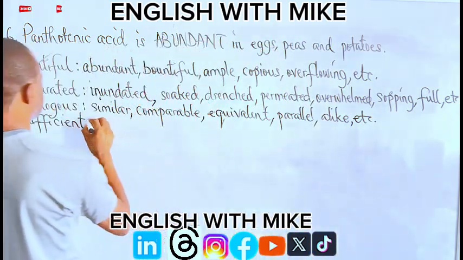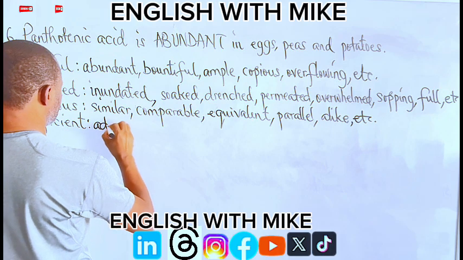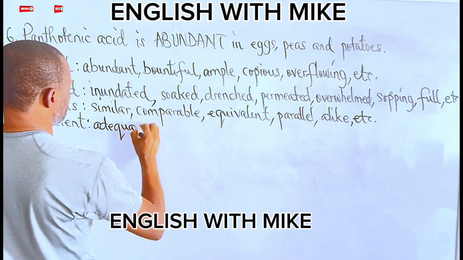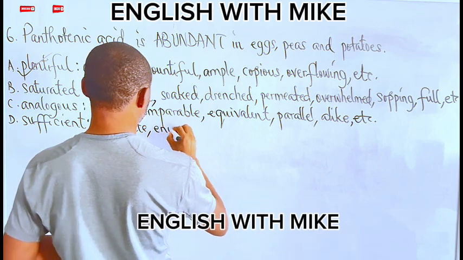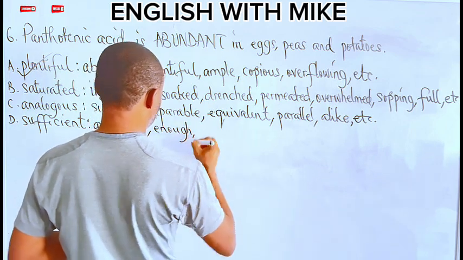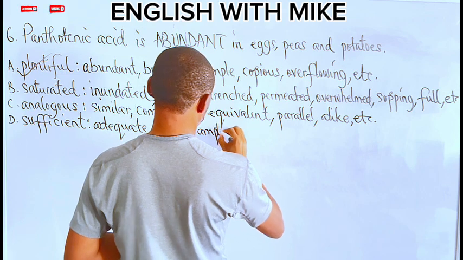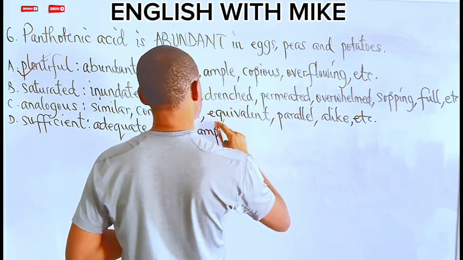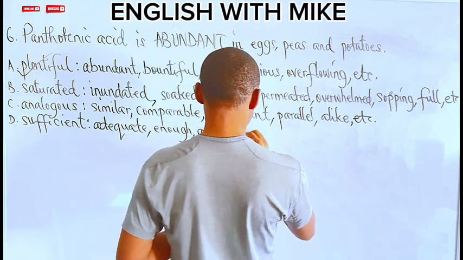Sufficient. Sufficient would mean adequate. Not too much. Adequate means it's just enough. Enough means ample. Again, ample evidence means enough evidence. Ample means satisfactory.